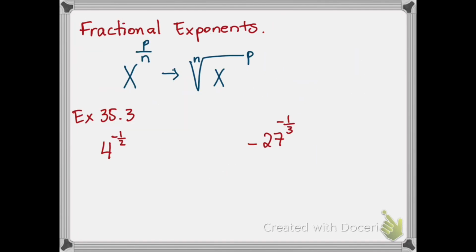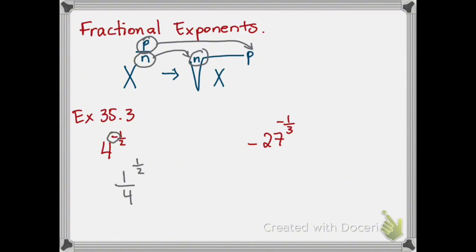Finally, the fractional exponents. What we have to remember is that in a fraction, the numerator is going to be the exponent here. And then the denominator is going to be the index here. So let's look at this one. The first thing we're going to do is get rid of the negative exponent. So now we have 1/4 to the positive 1/2.